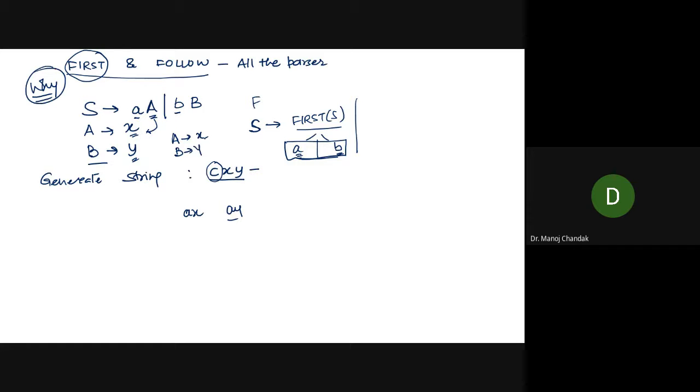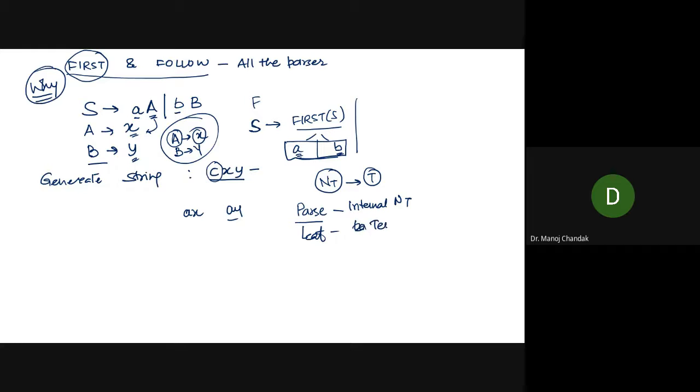It is Y. And these production rules will help you understand that if you are replacing A, you can replace it with X. So always remember that non-terminals will be replaced by terminals. And when you draw the parse tree, your parse tree will have internal nodes as non-terminals, and leaf nodes as terminals.